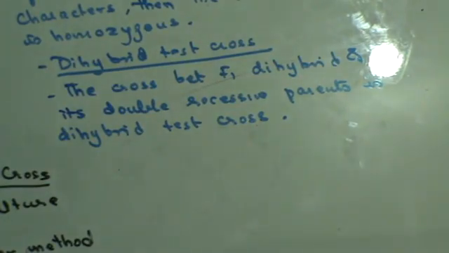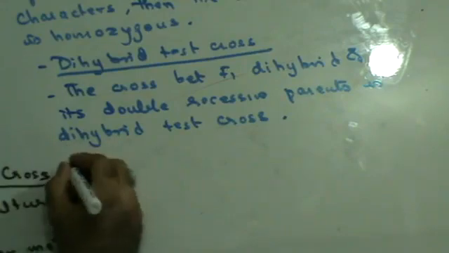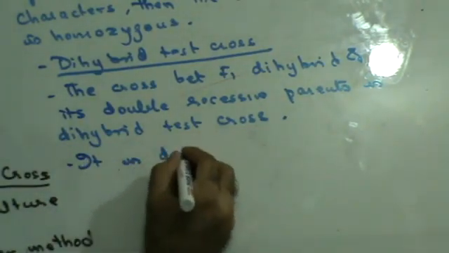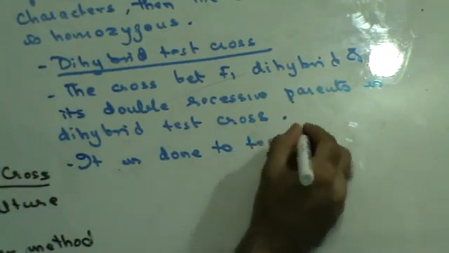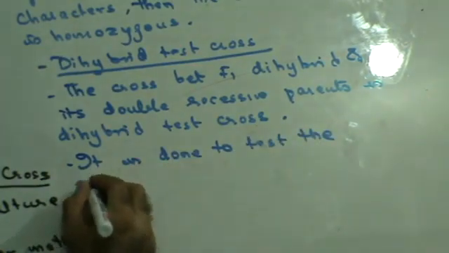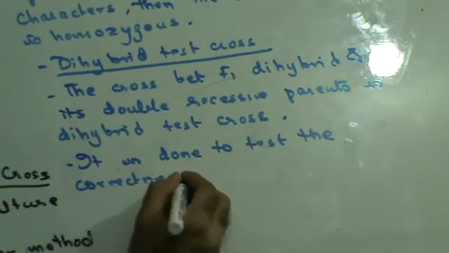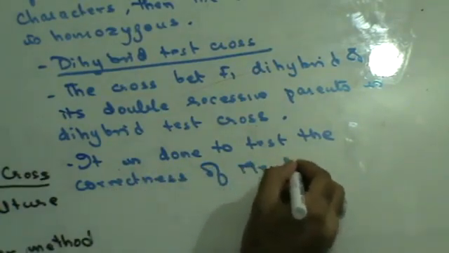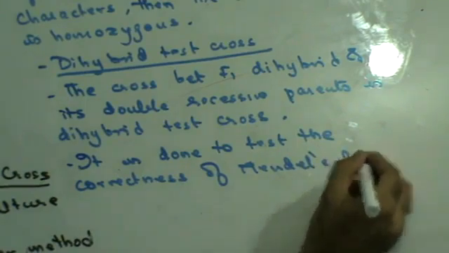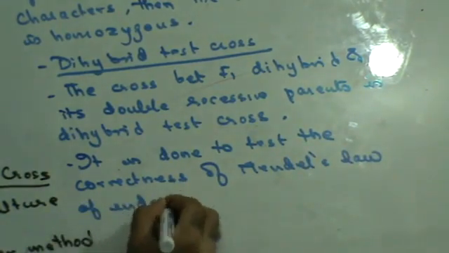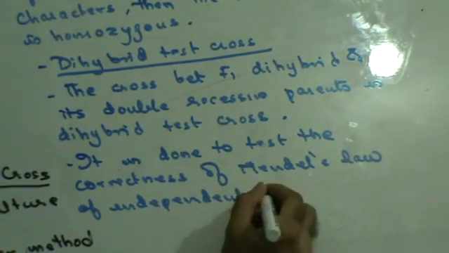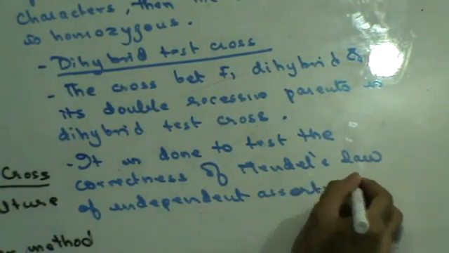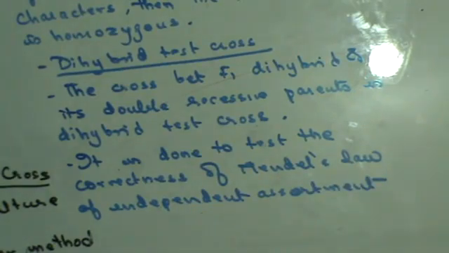Now why is it done? It is done to test the correctness of Mendel's law of independent assortment, where he said that the gametes remain in their true form and show themselves in the F2 generation.